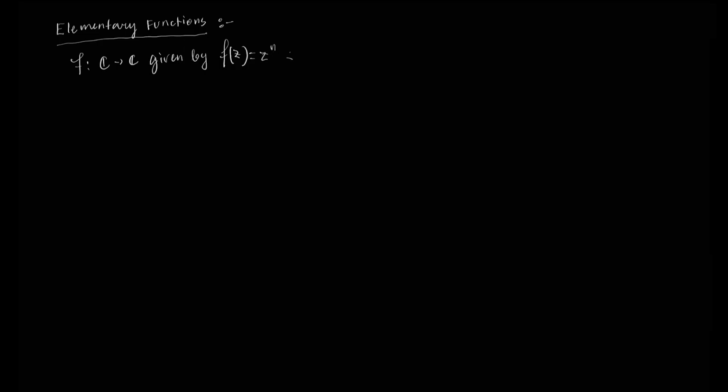This we already did, for n in N. So basically z squared, that sort of thing, or mod z to the power n, again n in N. And of course, you can change n to minus n, so basically any integer you can do, provided they are defined.